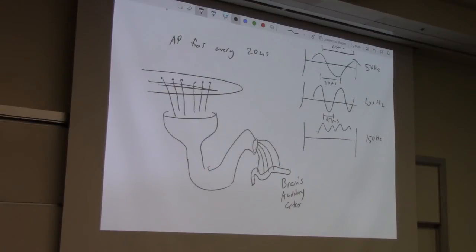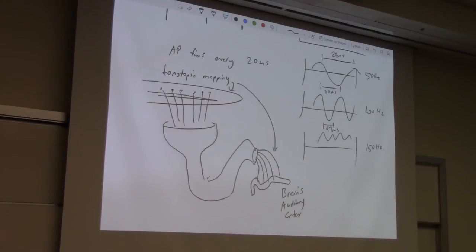And just like this, frequency is corresponding to length along there, so it's a tonotopic mapping. Here, there's also a tonotopic mapping, where different parts of the cortex correspond to different frequencies. So we could say, on the very right side of the screen there, I know my sound wave is either 50, 100, or 150 hertz.